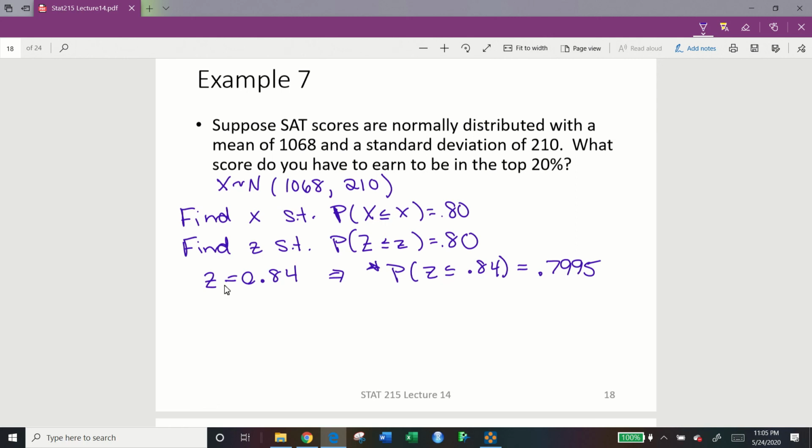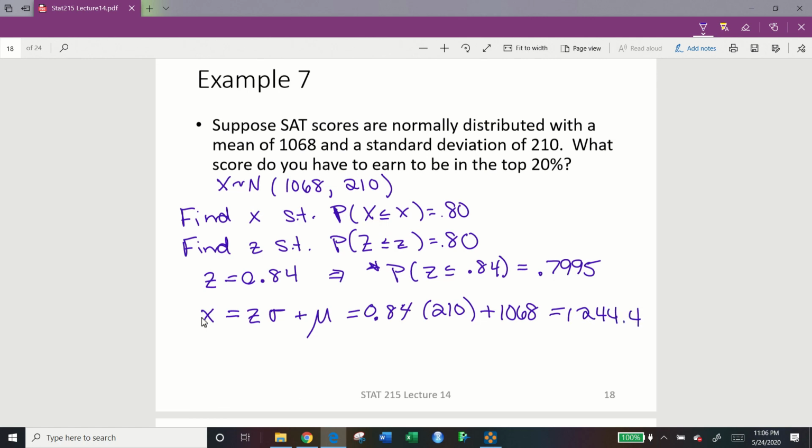Okay, so back to the problem. We found our approximate z-score, or at least as near as we can get. That means we can now plug into our formula of x equals z multiplied by sigma plus mu. Now's our moment to plug and chug. And we will get an answer of 1244.4.